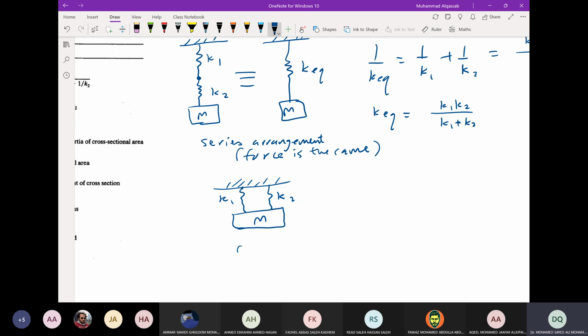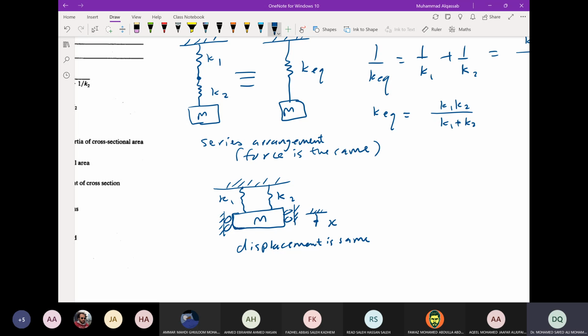And here, displacement is the same on each spring. So each spring will undergo X, just call this one X. There's no X1, X2. Of course, when you do this, it means that the mass is guided. Usually we don't add this, but we mean that there is no rotation. So here we have guides that will not allow the tilting or rotation of the mass.